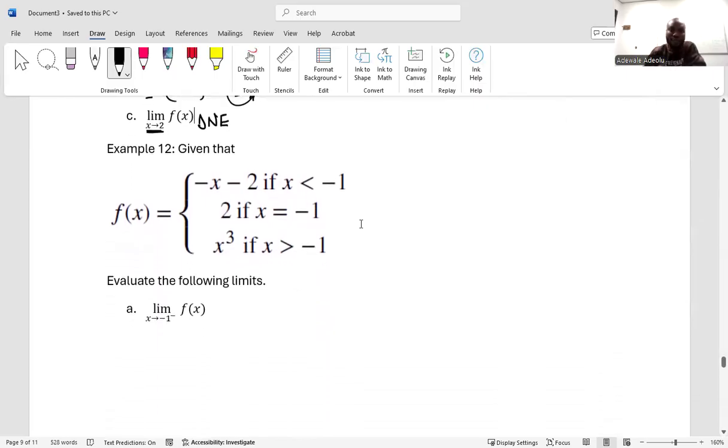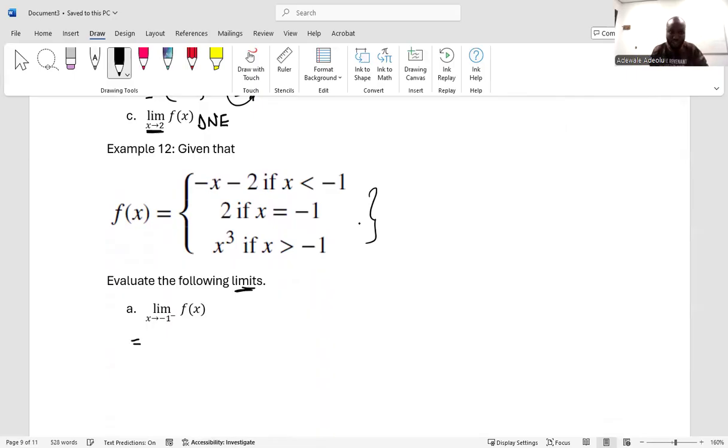Okay, what about this piecewise function? Given that f of x is defined in a piecewise form like this, evaluate the following limits. The limit as x goes to -1 from the left of f of x.